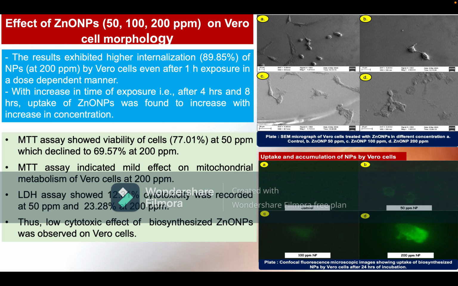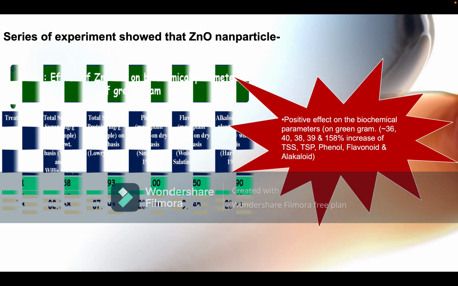Thus, from our study, we can say there is a low cytotoxic effect of biosynthesized zinc oxide nanoparticle observed on the Vero cell at a concentration of 50 and 100 ppm, but at 200 ppm concentration, there was a little bit more cytotoxic effect on the Vero cell.